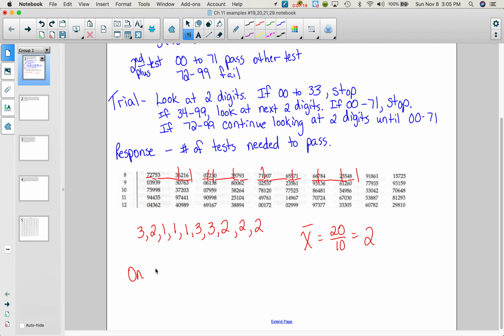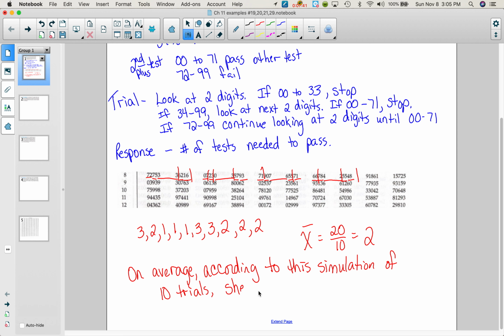So on average, according to this simulation of 10 trials, I think it was a she, can expect to need 2 tests to pass.